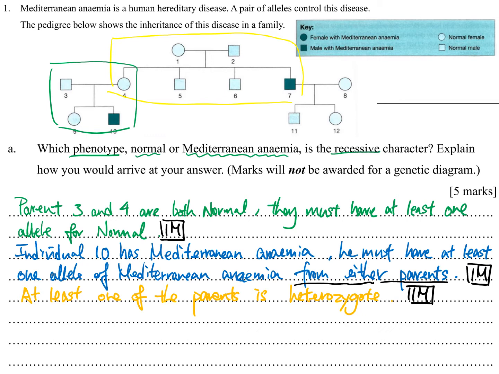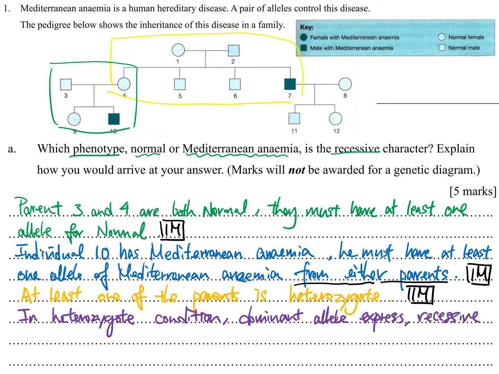And then you can tell me in a heterozygous condition, which allele is expressed, which one is masked? In heterozygote condition, dominant allele is expressed while recessive allele is masked.